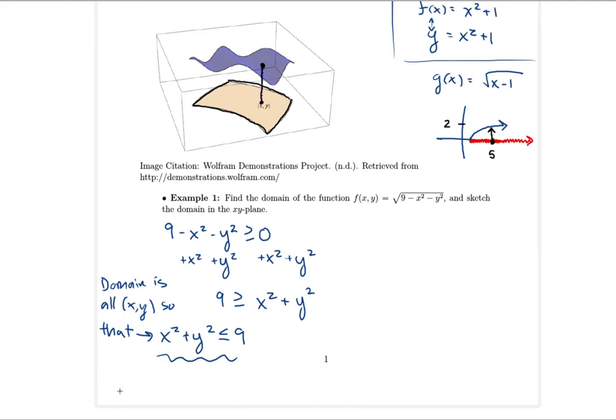But remember that x squared plus y squared equals 9. If I took away the less than or equal to, that is a circle, right? Circle of radius 3. All right, so over here, let's go ahead and sketch this like it asks us to.